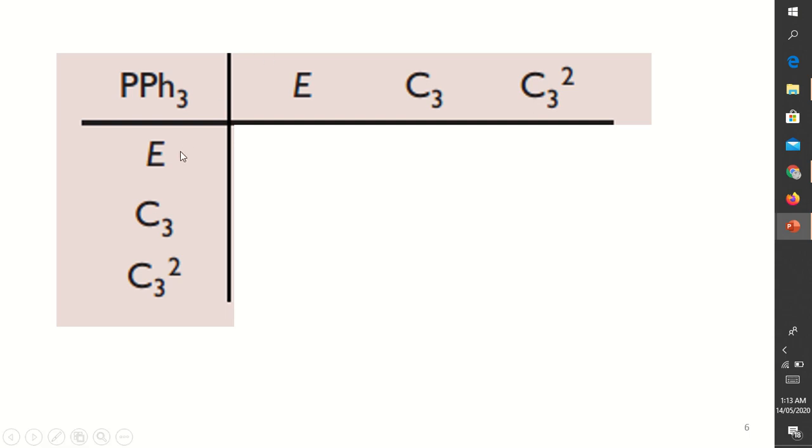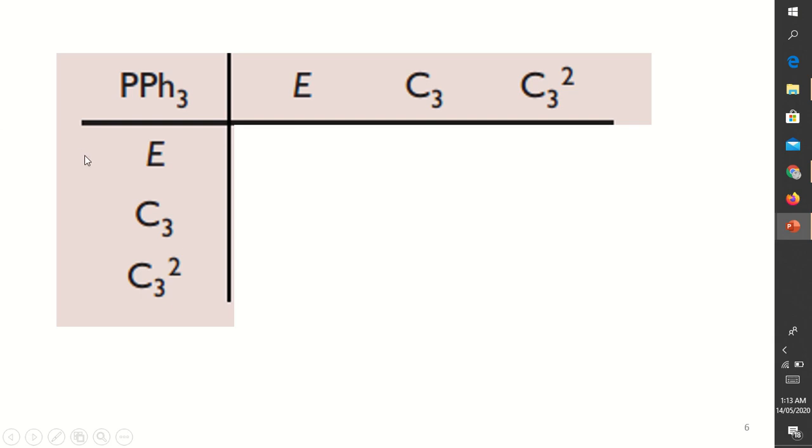So first we need to multiply identity with identity. The result would be again identity, because identity is doing nothing. What will happen if identity is multiplied with C3? The result would be C3, because if we apply identity to the molecule, there is no change in the molecule.